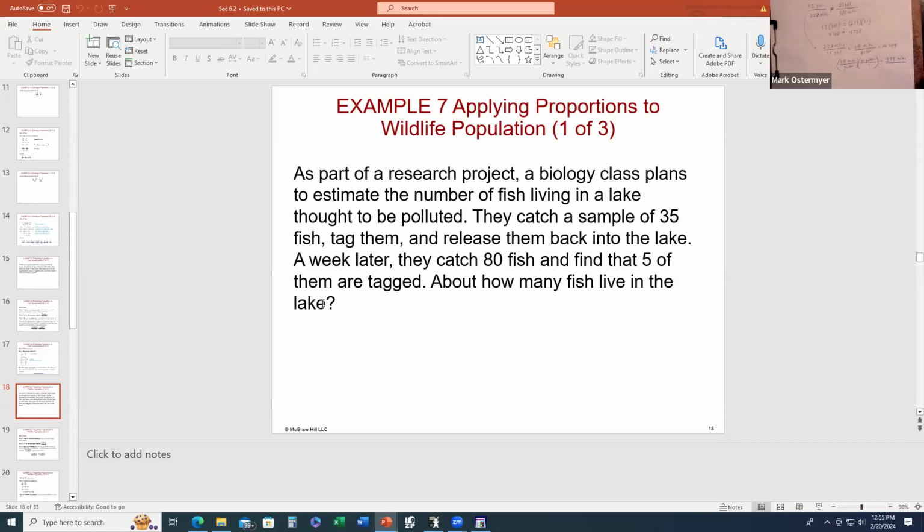The assumption is that this lake is not fed by a river that leads to some other bigger lake, or in other words, this lake is self-contained. It doesn't have any other tributaries or rivers feeding into it or leading out of it. If that assumption is correct and we can adhere to that, then what I'm about to show you is pretty darn accurate. We can set up a proportion to estimate the number of fish in this entire lake.